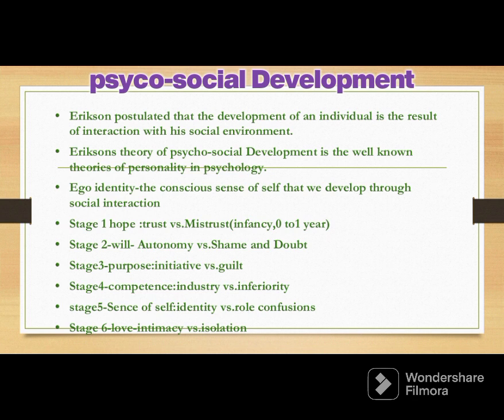It is from infancy, 0 to 1 year. Stage 2 is will, autonomy versus shame and doubt. Stage 3, purpose, initiative vs guilt. Stage 4, competence, that is industry vs inferiority.